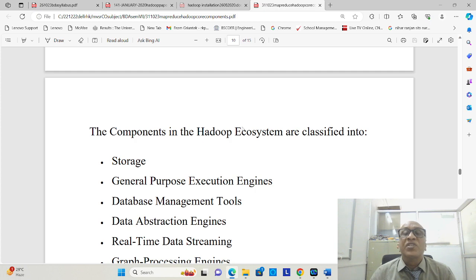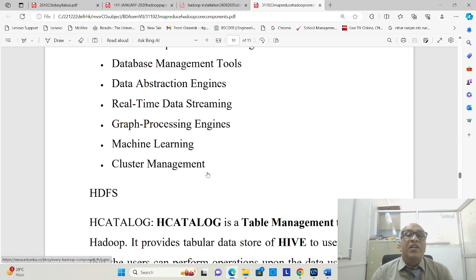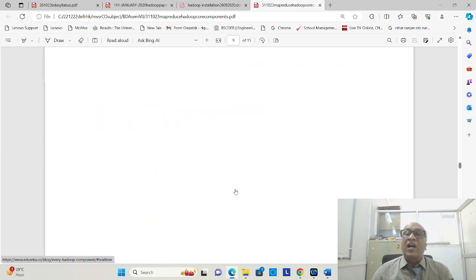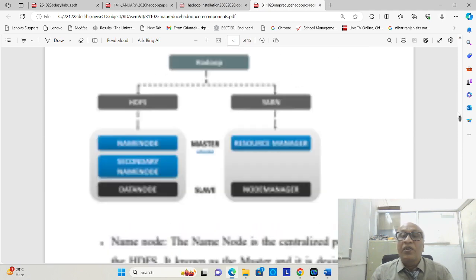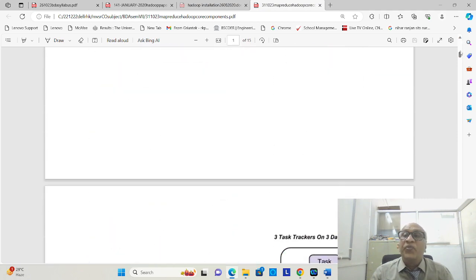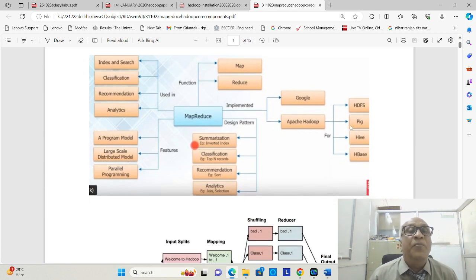Coming to the components in the Hadoop ecosystem, you have varied components which may be used for storage, execution, database management, data abstraction, real-time data streaming, graph processing engines, machine learning, cluster management, etc. These components and the MapReduce component we will be discussing in the next session being recorded.